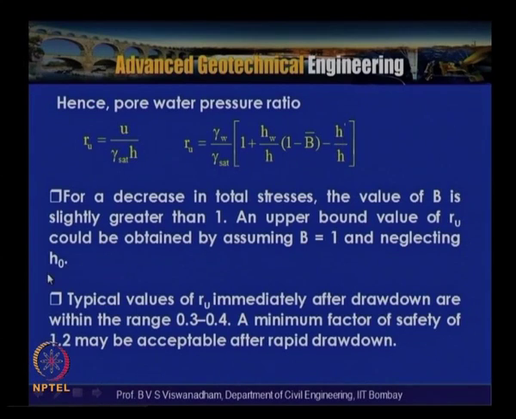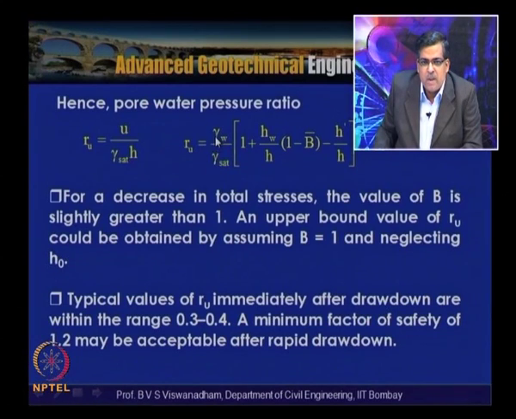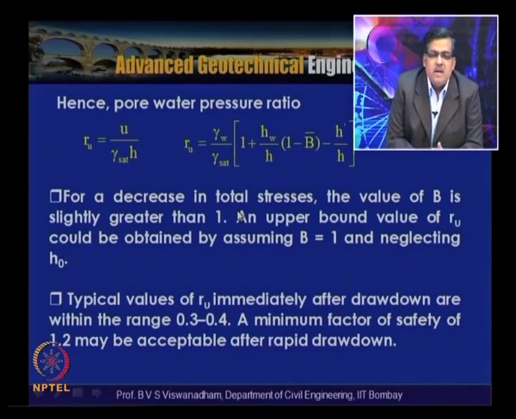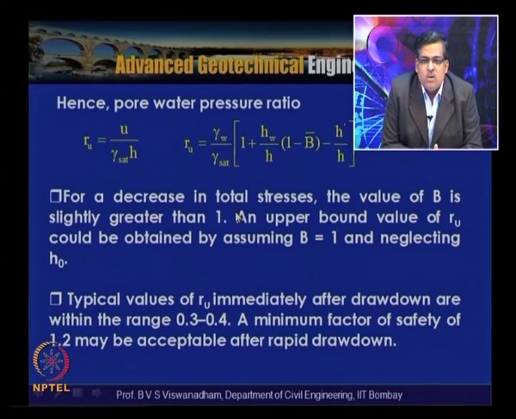So neglecting H dash, it is not H naught, it is H dash, this term will be 0 and this will be 1. So the upper value is gamma W by gamma sat. The ratio of gamma W by gamma sat is approximately equal to 0.5, so the upper bound will be close to 0.5.